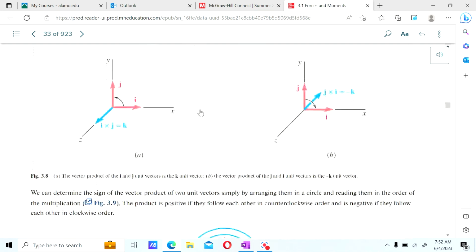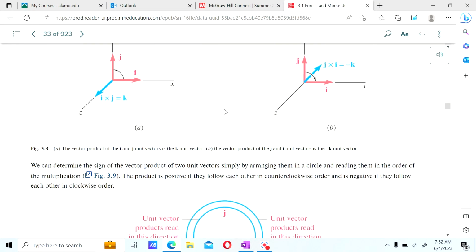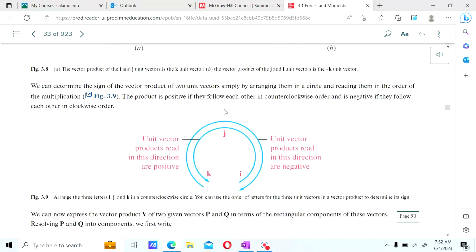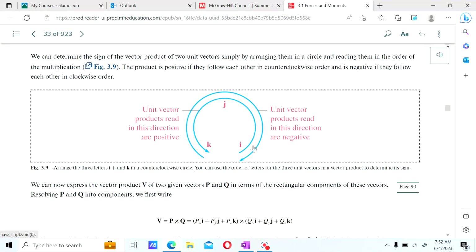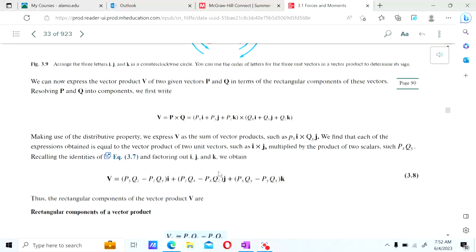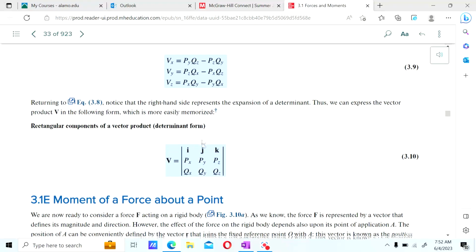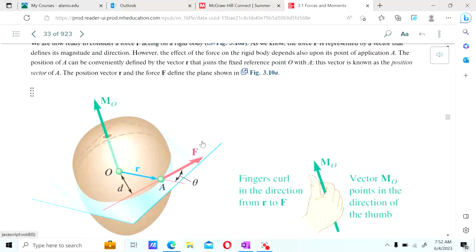So with the sign, you can figure out which direction is positive and which direction is negative. Okay, this is basically the way that we compute I, J, and K. They're telling us how to do the operation that we just did. So review the book, it has plenty of information.